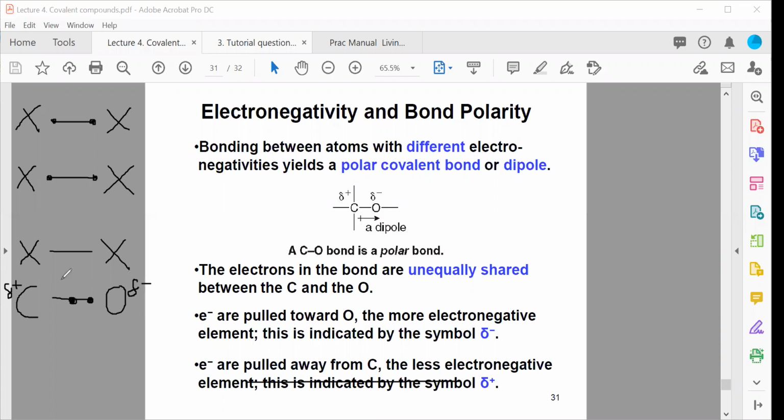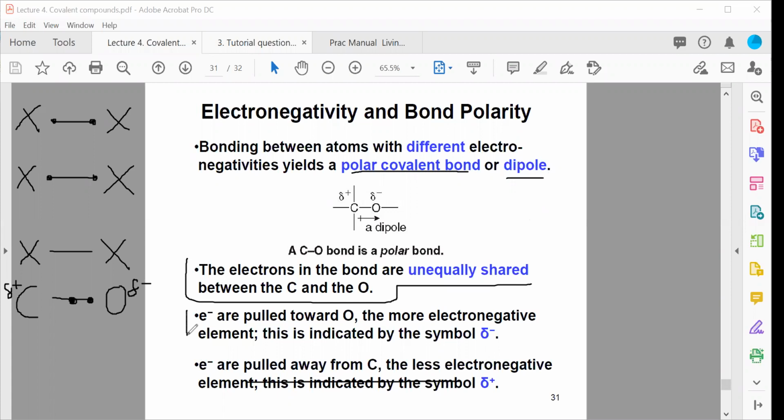Now, because we have these two opposite charges across this covalent bond, we refer to that bond as a polar covalent bond, otherwise known as a dipole. So a carbon-oxygen double bond will be a polar covalent bond. What this means is that the electrons in the bond are unequally shared between the carbon and oxygen.